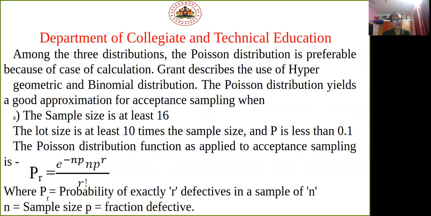The OC curve can be constructed by means of the Poisson's distribution.